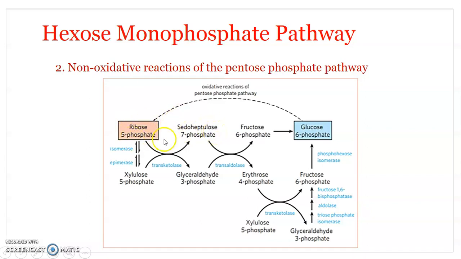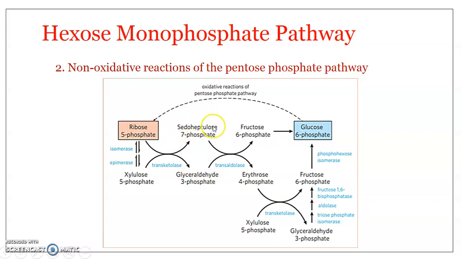The transfer of 2-carbon glycolaldehyde from xylulose 5-phosphate onto ribose 5-phosphate results in the formation of a 7-carbon sugar, that is sedoheptulose 7-phosphate, and a 3-carbon sugar, glyceraldehyde 3-phosphate. Sedoheptulose 7-phosphate is a phosphorylated ketoheptose.